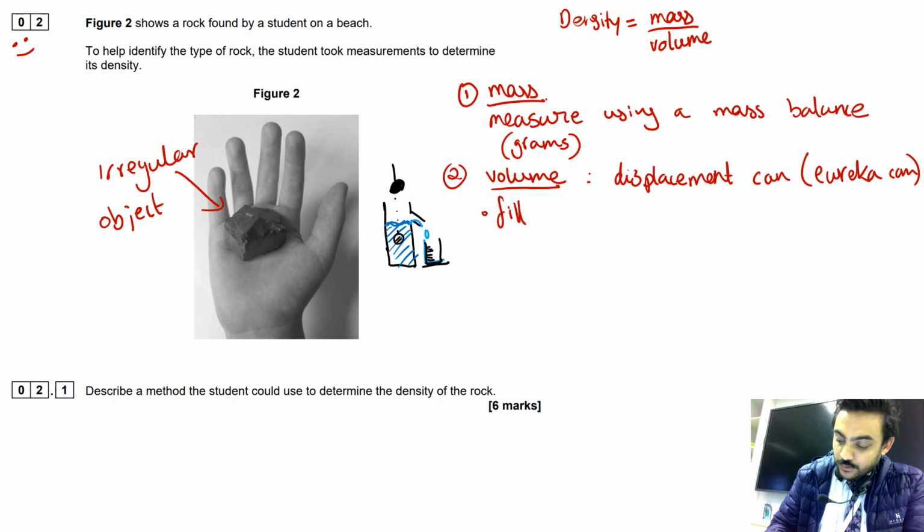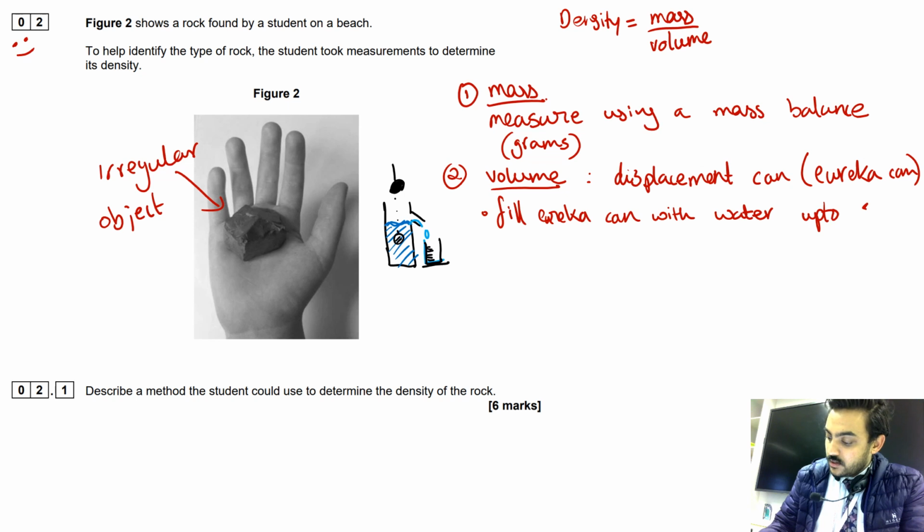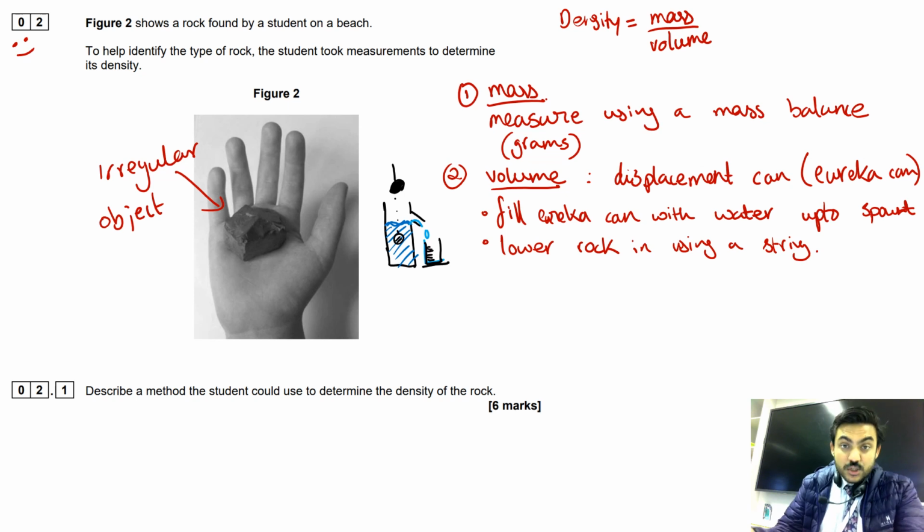Fill Eureka can with water up to spout. And then you'll lower rock in using a string until it's fully submerged.